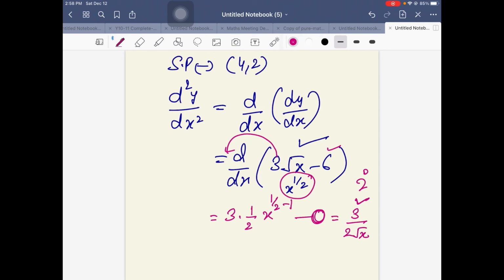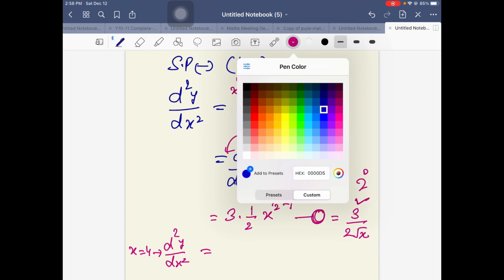If we plug in the stationary point x value into the second derivative, what will happen? So d2y/dx2, plug in x equal to 4, what do we get?